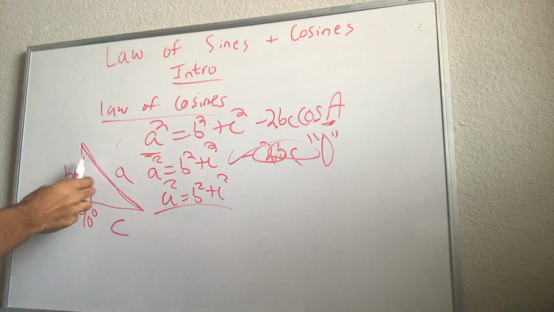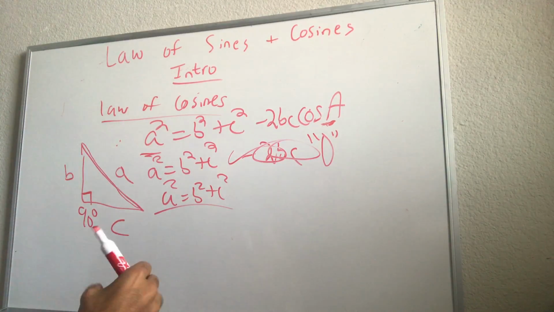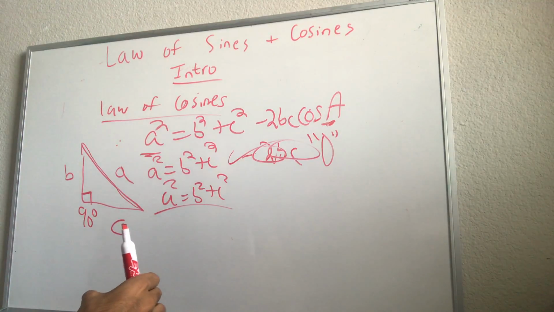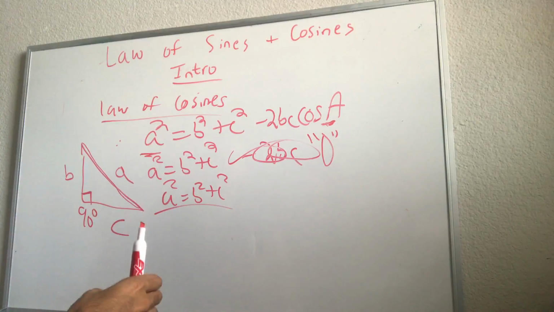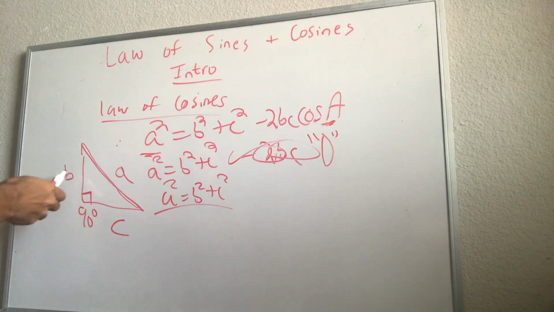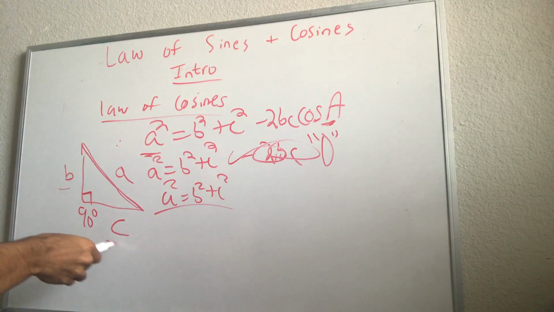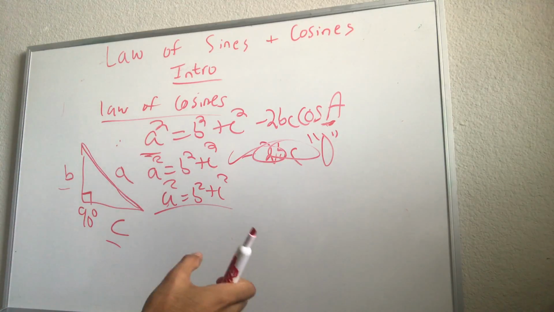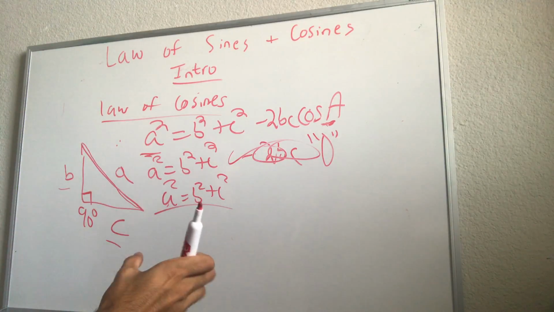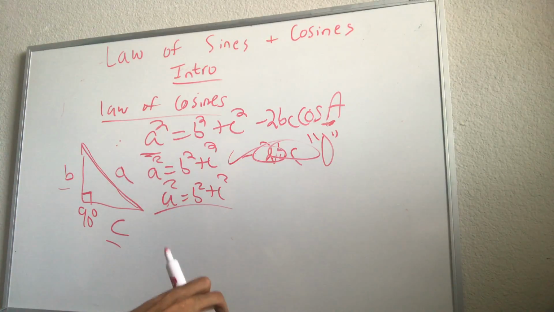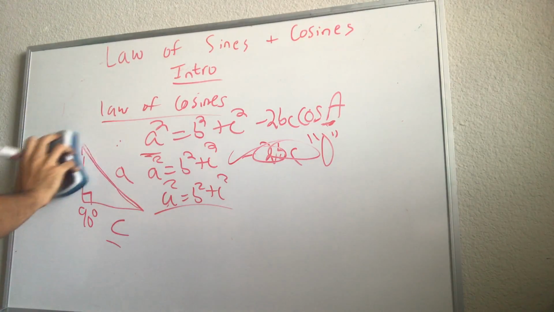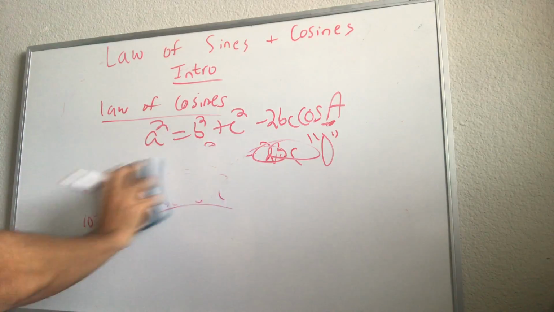The Pythagorean theorem states that one leg squared plus the other leg squared is equal to the hypotenuse squared. So the law of cosines indicates why the Pythagorean theorem is true. That's quite interesting.